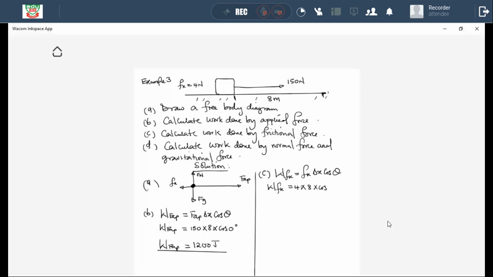Now, where is the object going? The object is going in which direction? To the right, and it's horizontal. And then friction opposes. So the angle between force and direction of motion is obviously 180 degrees. So let's take note of this. Whenever we calculate work done by friction, our theta is 180 degrees.